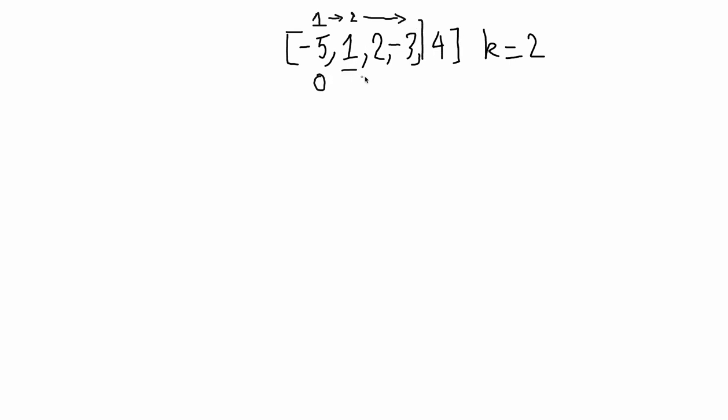If we start from 1, we can see that it would be 2, and then we go to 4. So when we get the index, we take the modulo of k, and then somehow we can store them efficiently. Let's say this one is index 0. We increment it by 1, so we have 1, and 1 modulo 2 is 1.